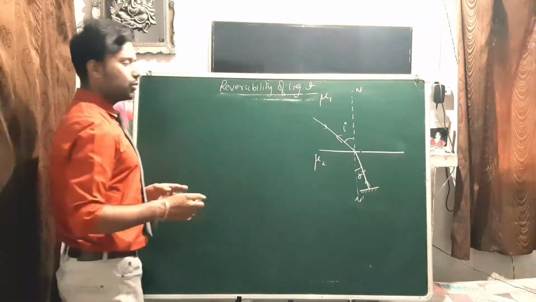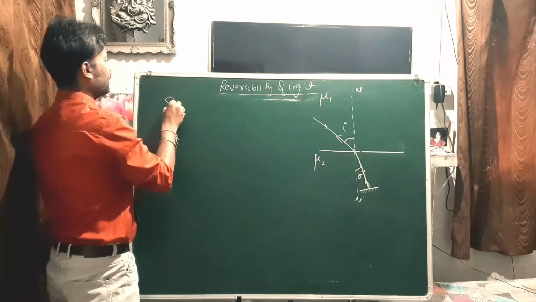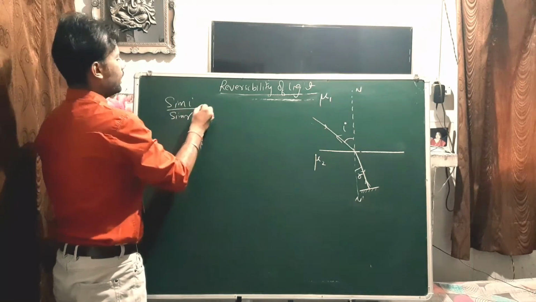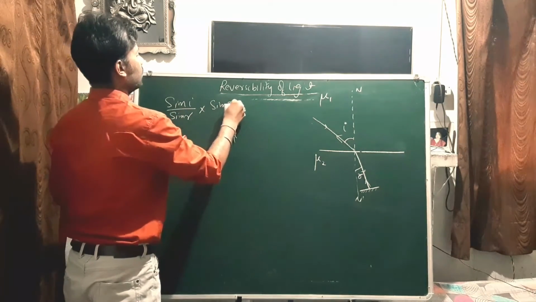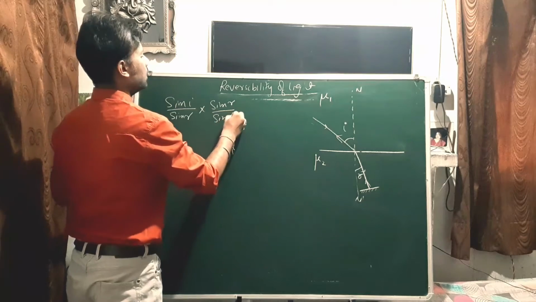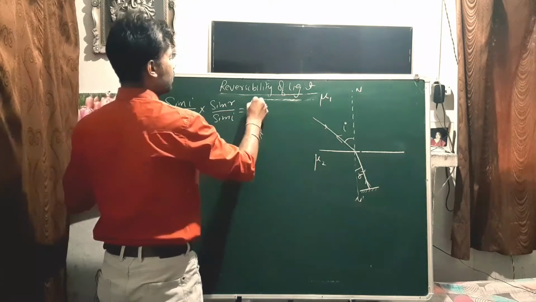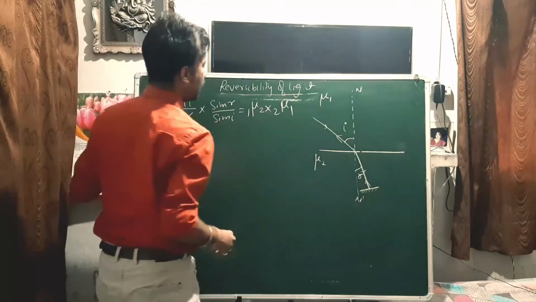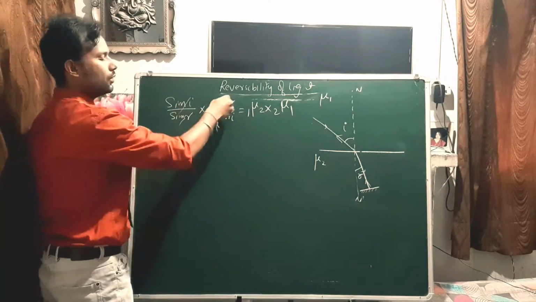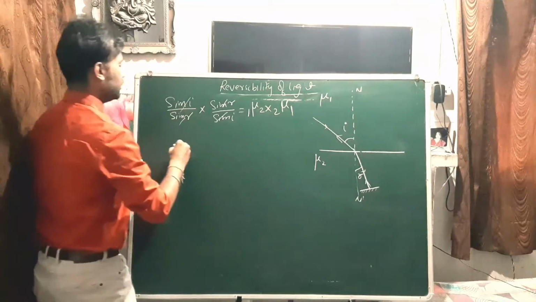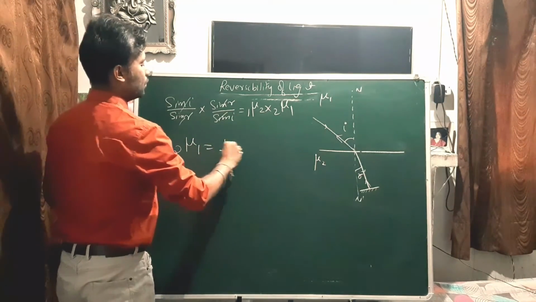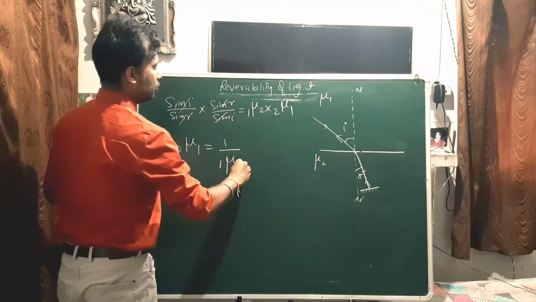So when you multiply these two equations, we'll get sin I upon sin R into sin R upon sin I equals 1 mu 2 into 2 mu 1. So they will cancel out. So what we'll get? We'll get 2 mu 1 equals 1 upon 1 mu 2.